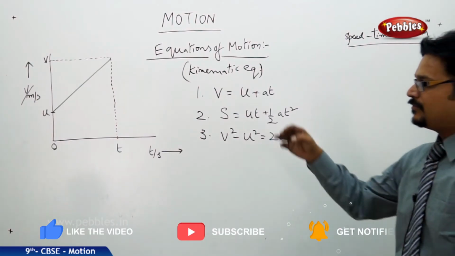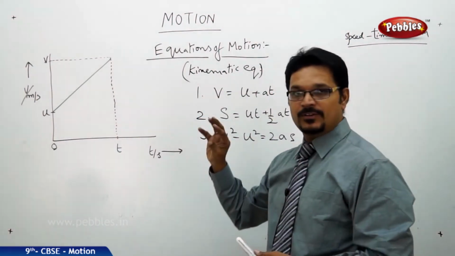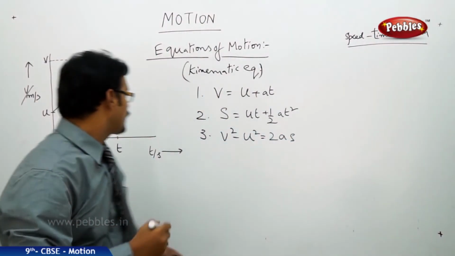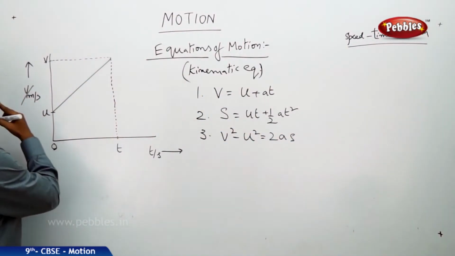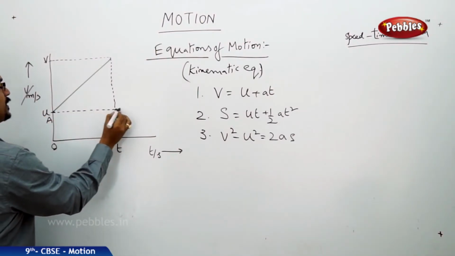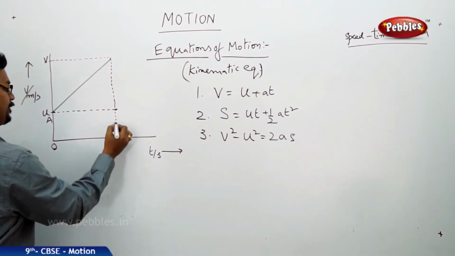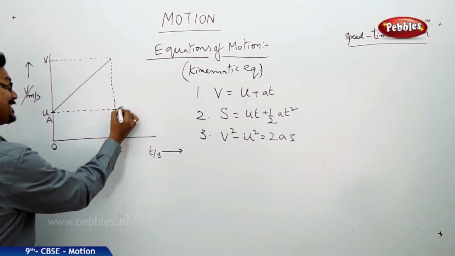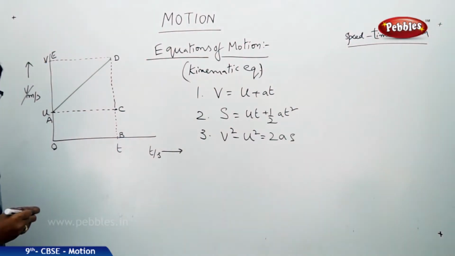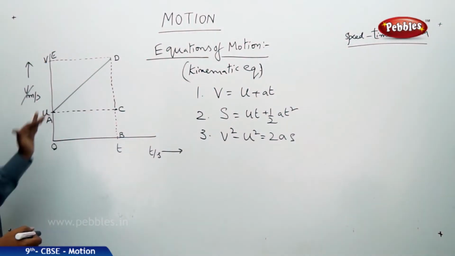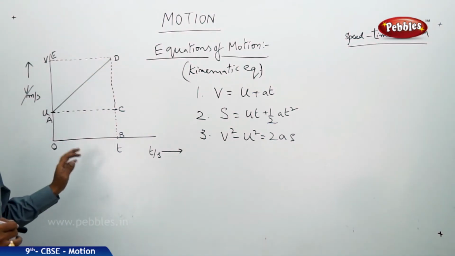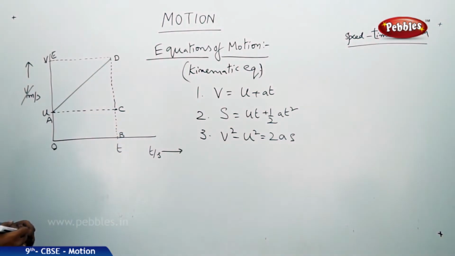Okay, now see this graph. Now I'll do a little improvement in this graph. Say this symbol is A. Now drawing a line here, say this is B, this is C, this is D, this is E. These are the labels I have kept. The original graph is AD only. All remaining dotted lines are imaginary lines which help us to solve those equations.